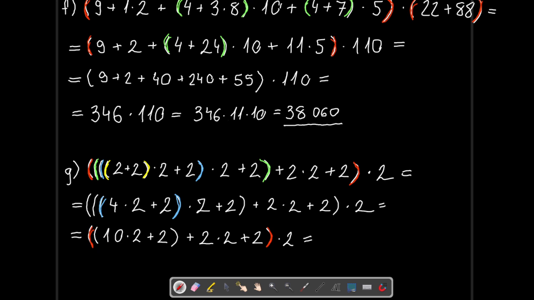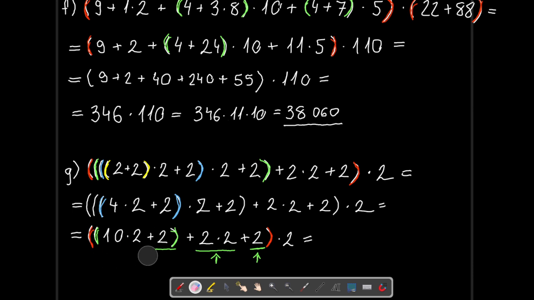So we have 3 parts. We have this part, we have the second part, and the third part, and we can pretty much solve this part separately. We know how to solve this part as well, but this third part cannot be simplified any further.